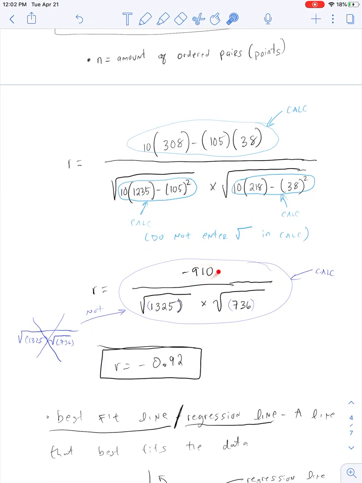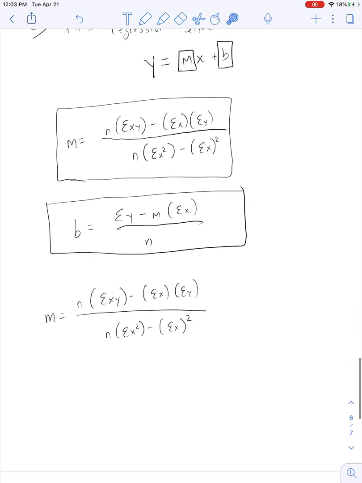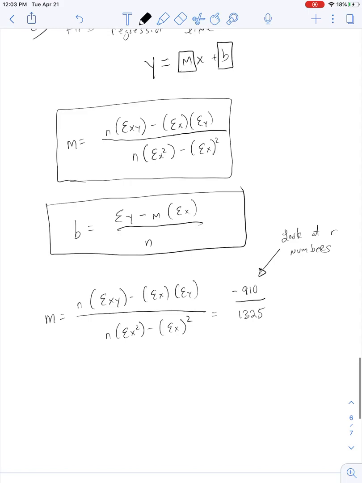In fact, we got negative 910 and 1325. So you really don't have to redo anything. We already found them. This is just negative 910 over 1325. Once again, just look at your R numbers. You're not reinventing the wheel or doing anything new. So this should give you a negative 0.69.